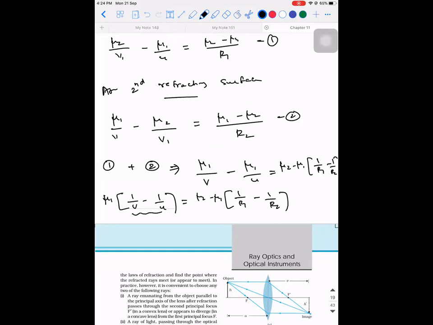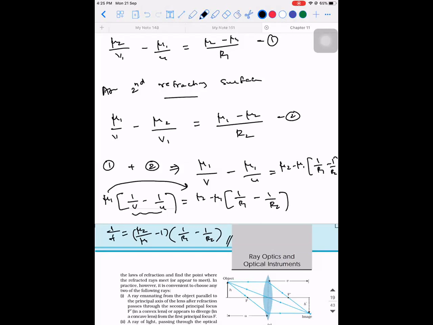So what is 1 by V minus 1 by U? For a lens, 1 by F. So 1 by F is equal to, if the mu1 goes to the other side, it will be mu2 by mu1 minus 1 into 1 by R1 minus 1 by R2, where mu2 is what?